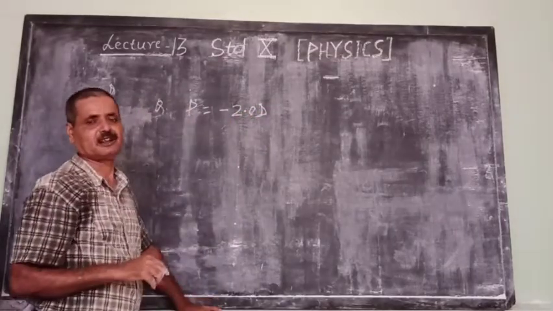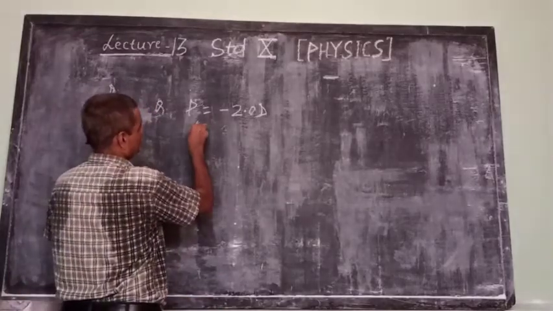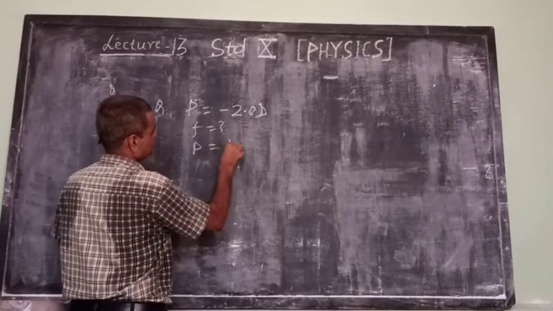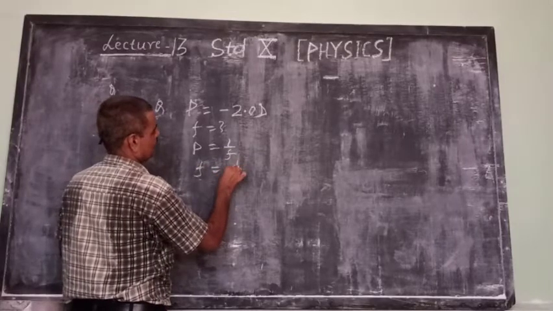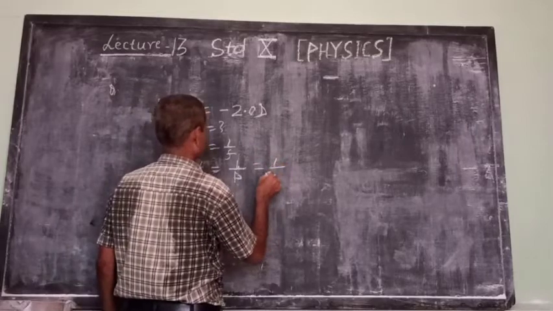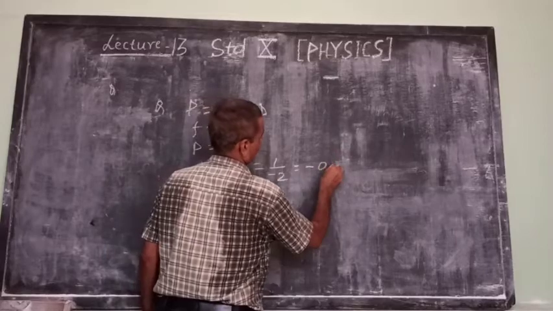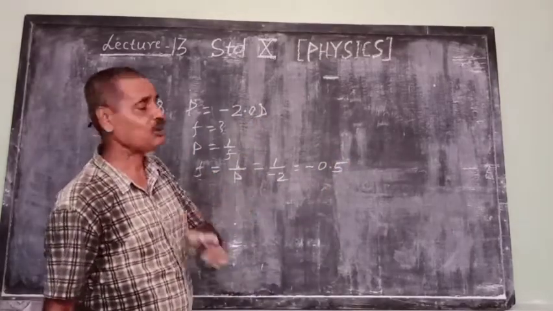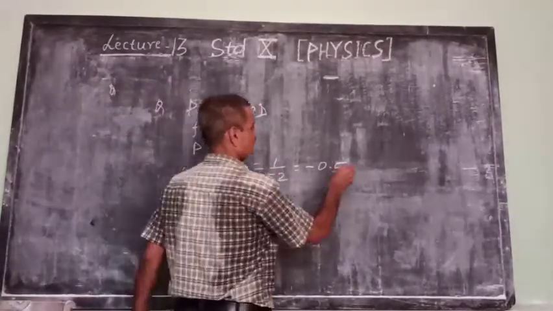This negative sign indicates the lens will be concave, and we have to calculate its focal length since P is equal to 1 by F. Therefore, F will be 1 by P, 1 by minus 2, that will be minus 0.5. This power was in diopter, so its focal length will be in meter.